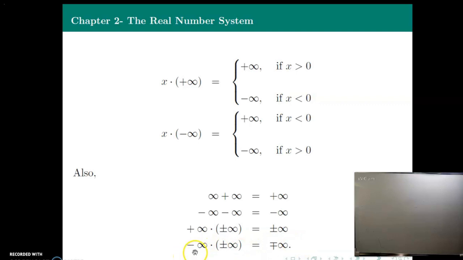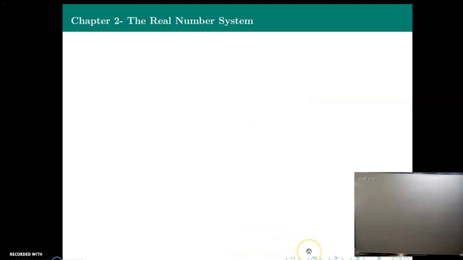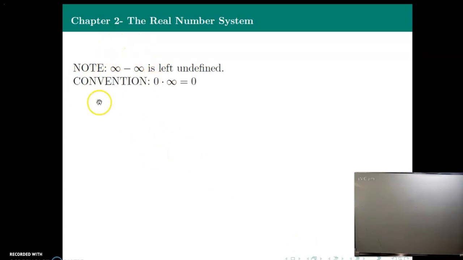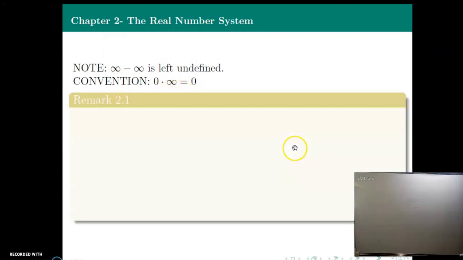So here, negative infinity times positive infinity is negative infinity, while negative infinity times negative infinity is positive infinity. So we note that infinity minus infinity is left undefined, and by convention, we can say that 0 times infinity is equal to 0. Now let's have here the remark.